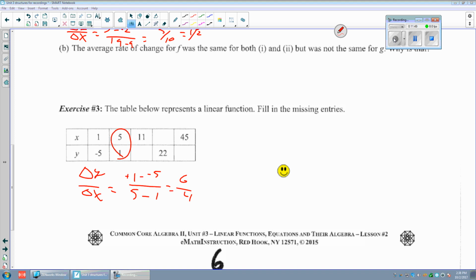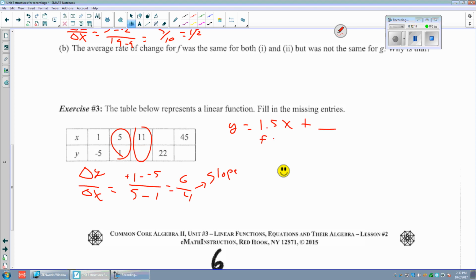Now that we know what the rate of change is, how are we going to find out this? I said earlier that another word for rate of change is slope. y equals 1.5x, okay, plus some number.